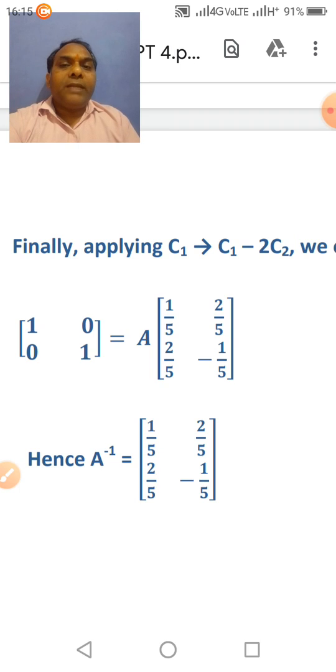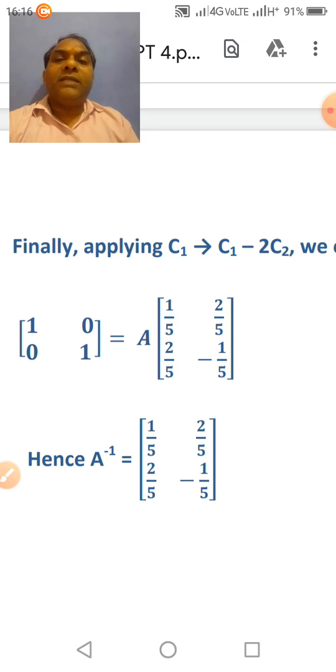In case of row elementary operation, you have to write A is equal to IA, and you have to convert LHS into identity matrix column wise. In case of column elementary operation, you have to write A is equal to AI, and you have to convert the LHS into identity matrix row wise.